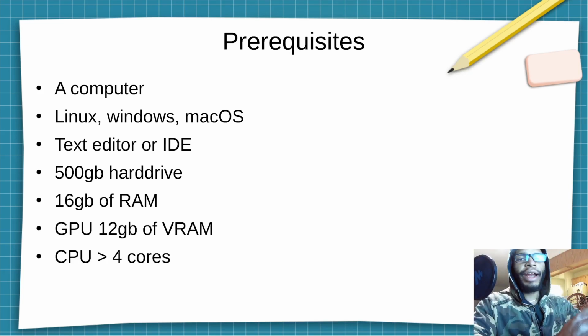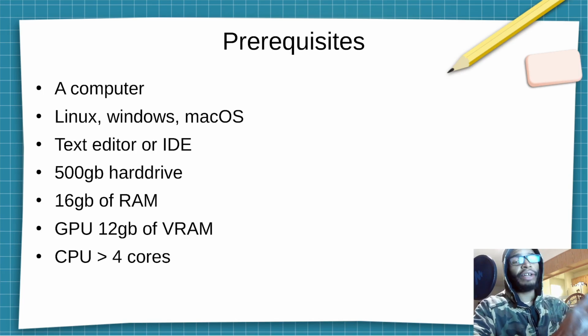While you're training, you're going to be producing a ton of files that have a ton of information in them. These files are called checkpoints usually, and those checkpoints are the weights and biases of the model at a given point in time. I find that checkpoints are anywhere from 1 gigabyte to 5 gigabytes, but you are producing a lot of data, so you want 500 gigabytes. Just leave it at that, trust me.